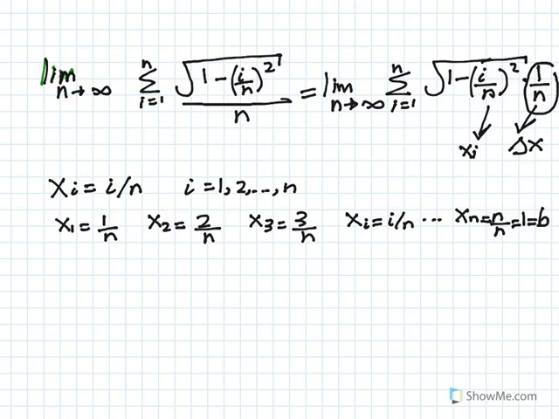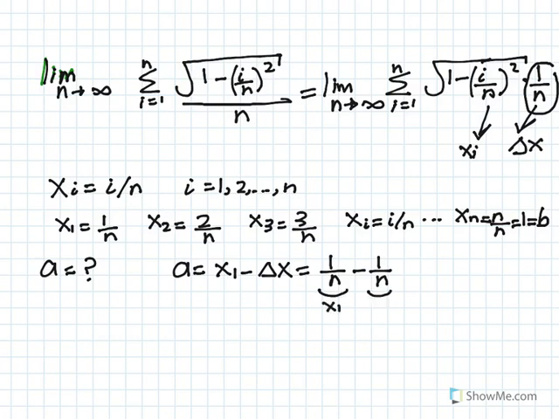So how do we find a? Well, there are two ways to do it. The first method is more rigorous, and basically we say a is equal to x1 minus delta x. That's going to give us 1 over n minus 1 over n. This part is x1, and this part is delta x. And that difference is just 0.